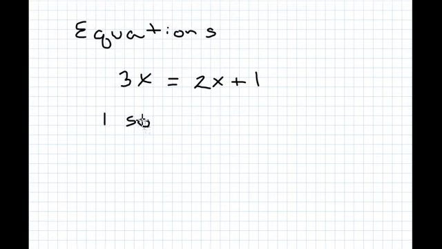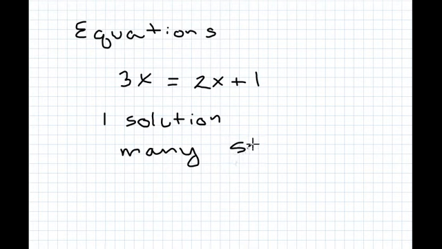We're going to look at all our possibilities here. You could have one solution, or you might have many solutions. There may possibly be an infinite number of solutions also.